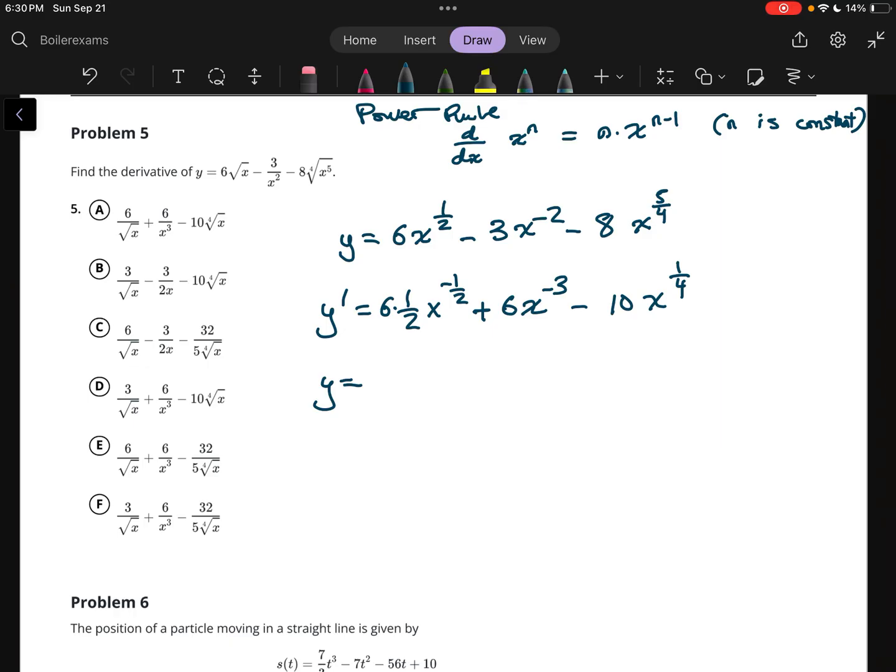So x to the power of -1/2 is basically equivalent to saying 1 over x to the power of 1/2, which is equivalent to 1 over the square root of x. 6 times x to the power of -3 is essentially 6 over x to the power of 3, and then x to the power of 1/4 is the fourth root of x. Okay, and so that means that our answer to problem 5 is D.